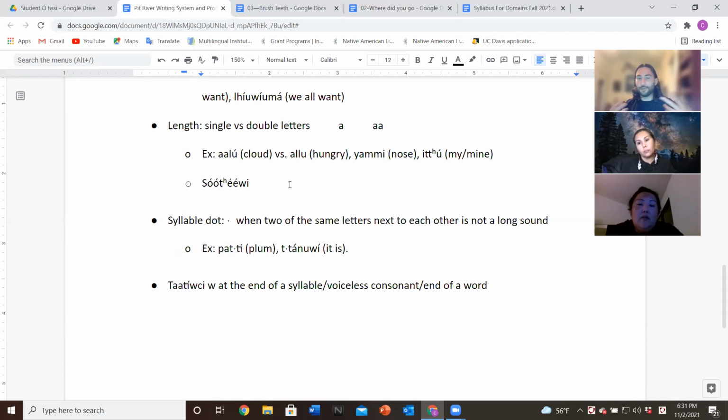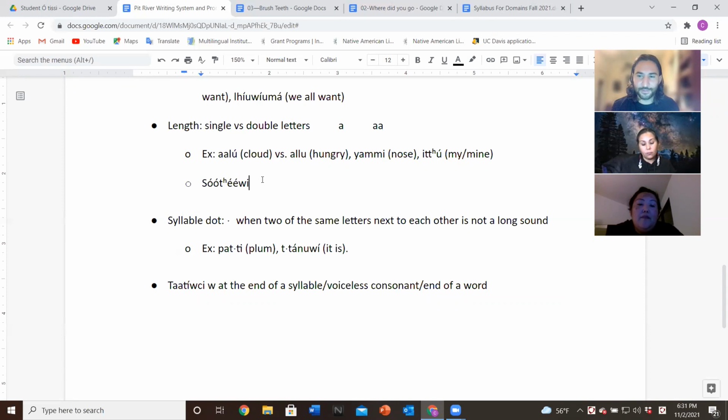I know the upriver dialect, they don't do that as much. They would more say so tewi instead of sohtewi. So it's also a subtle difference there.